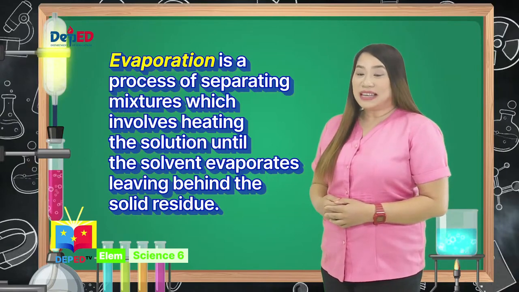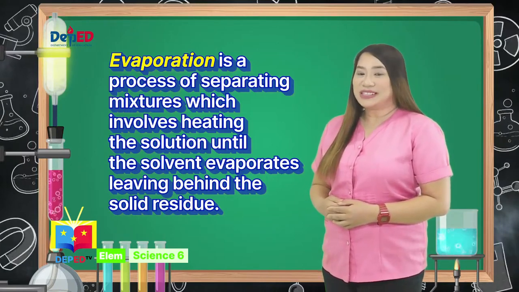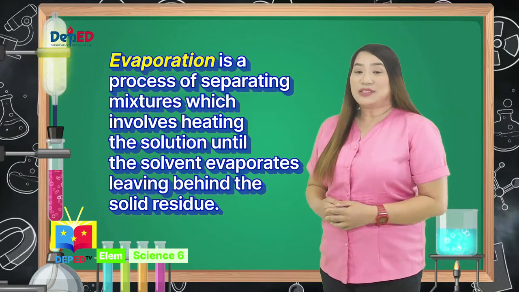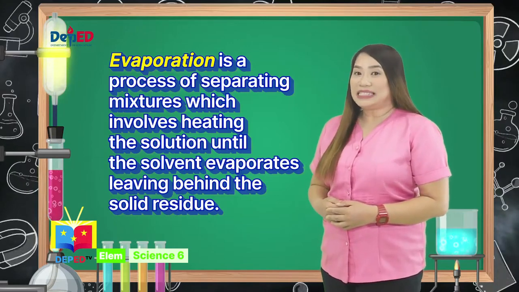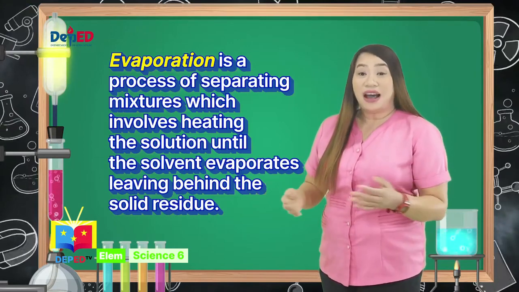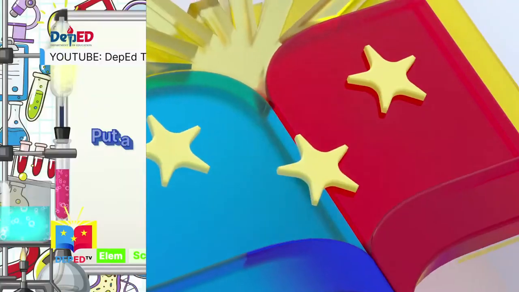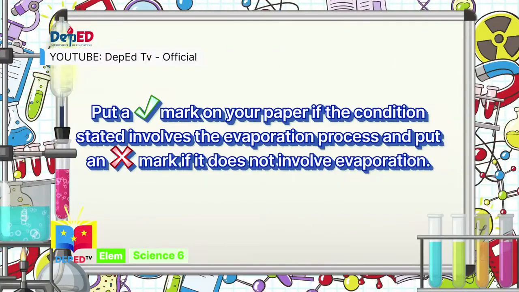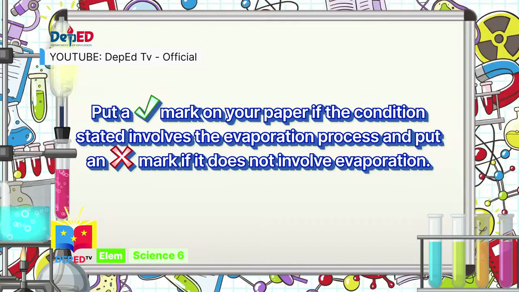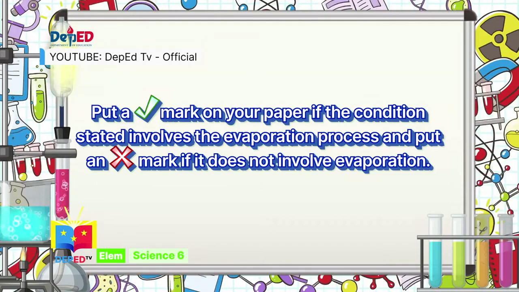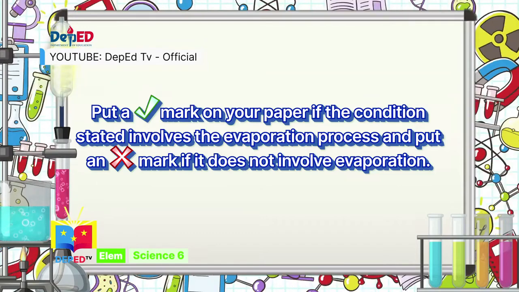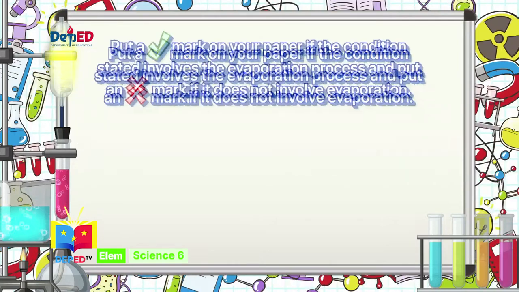Evaporation is a process of separating mixtures which involves heating the solution until the solvent evaporates, leaving behind the solid residue. Put a check mark on your paper if the condition stated involves the evaporation process and put an X mark if it does not involve evaporation.